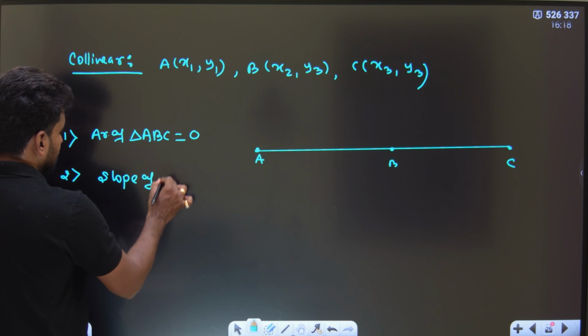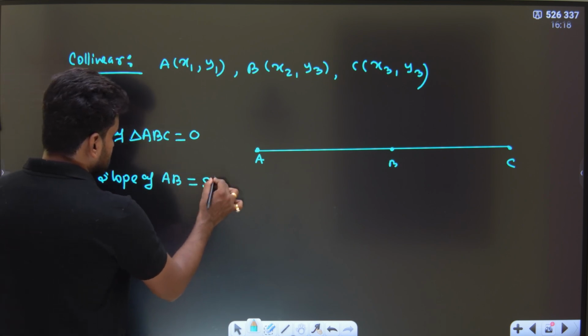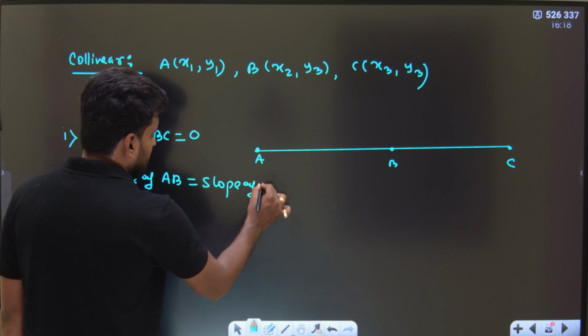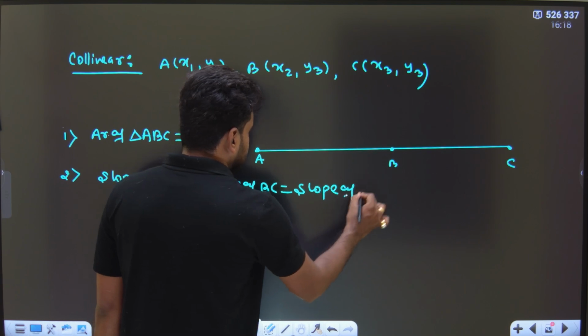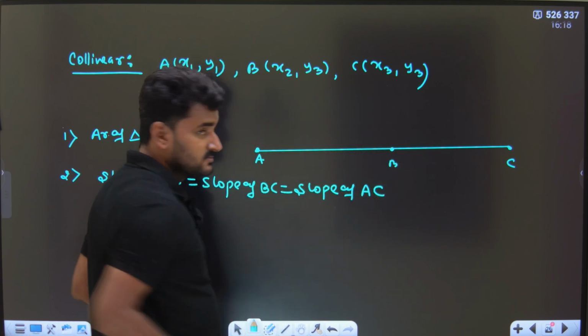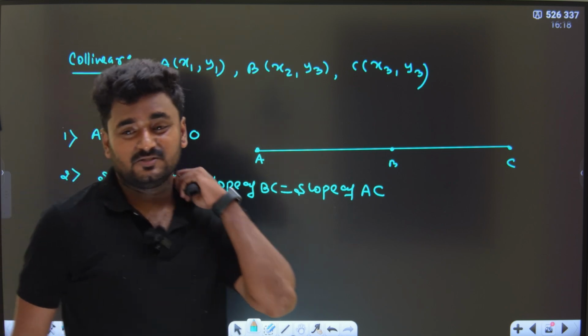Number 2: the slope of AB is equal to the slope of BC is equal to the slope of AC. The slope will be equal.